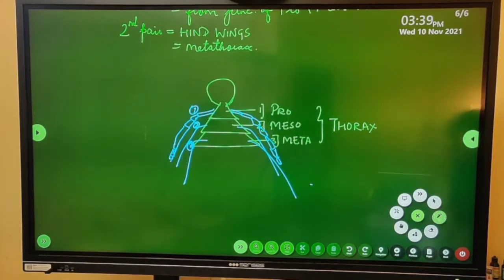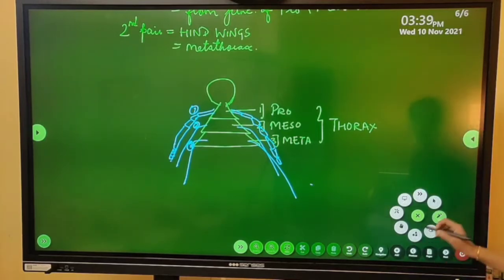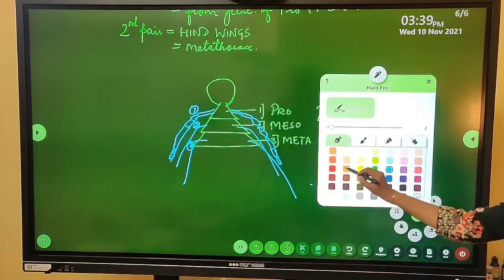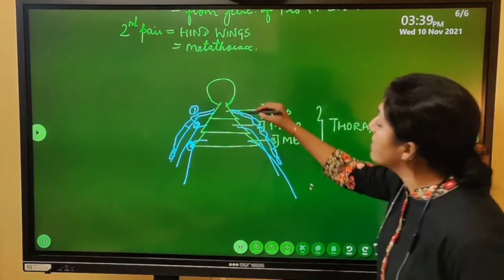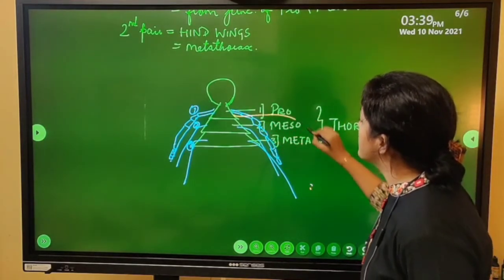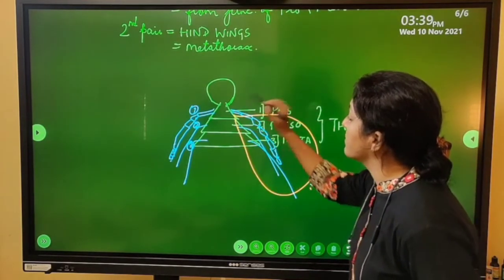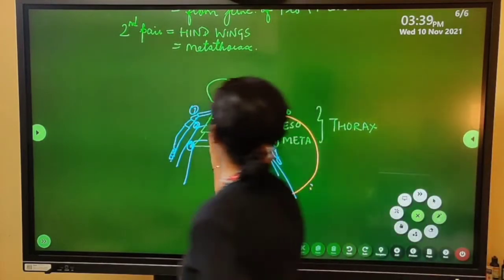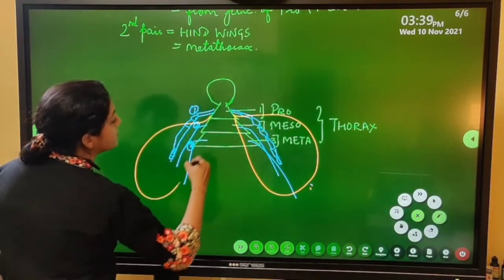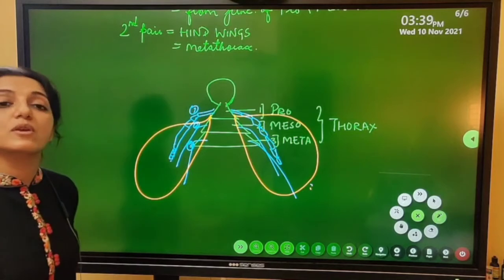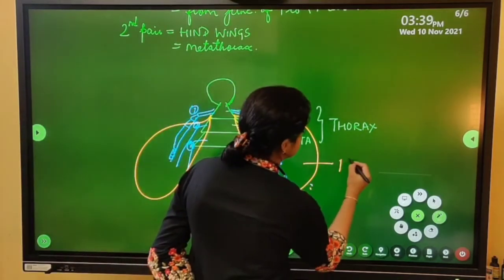If we see the wings, the first wing is going to be from the junction of the pro and mesothorax. From the junction of pro and mesothorax are the forewings.